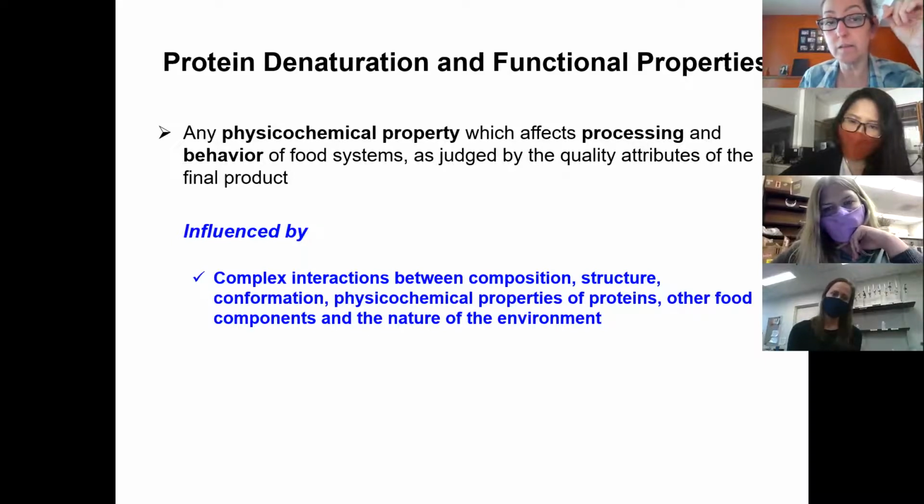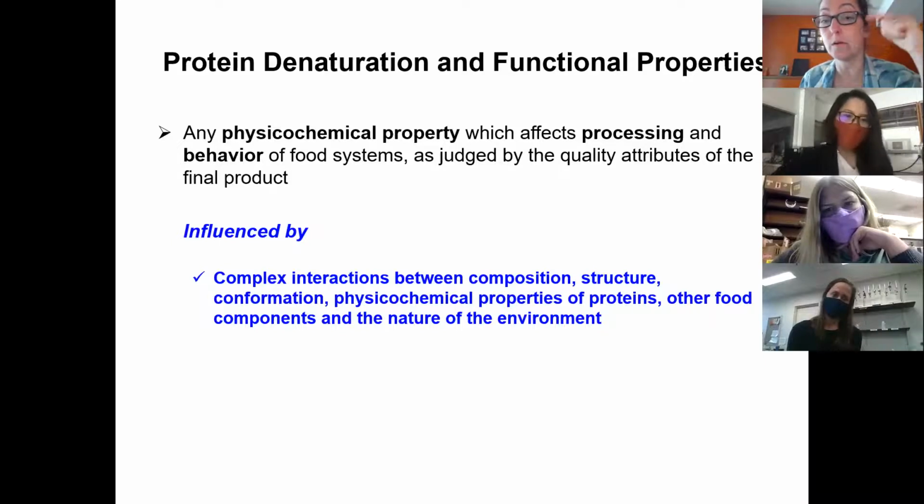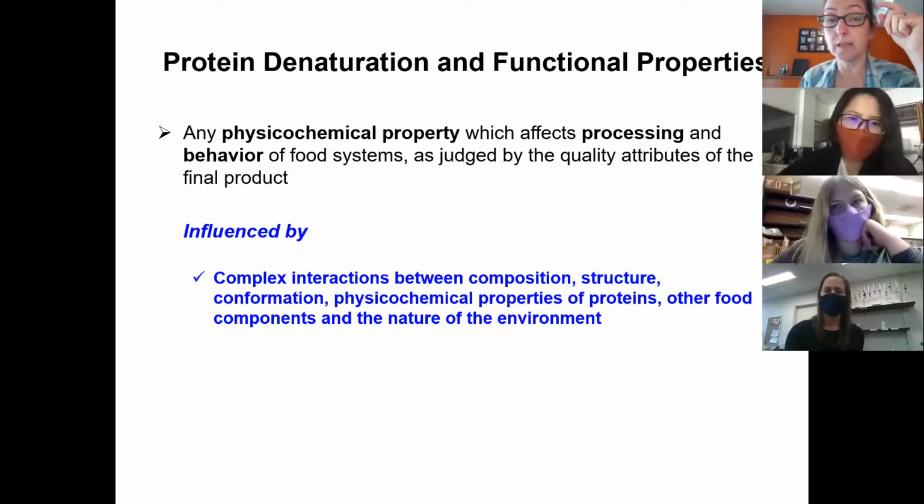So the functionality is influenced by many different factors, including complex interactions between the different components and the structure. So the amino acid composition, basically the structure of the protein, the physical-chemical properties, including net charge, the surface properties, hydrophobicity, hydrophilicity on the surface, reactive groups, presence of sulfhydryl groups, for example, presence of ionizable groups, and the presence of other components.